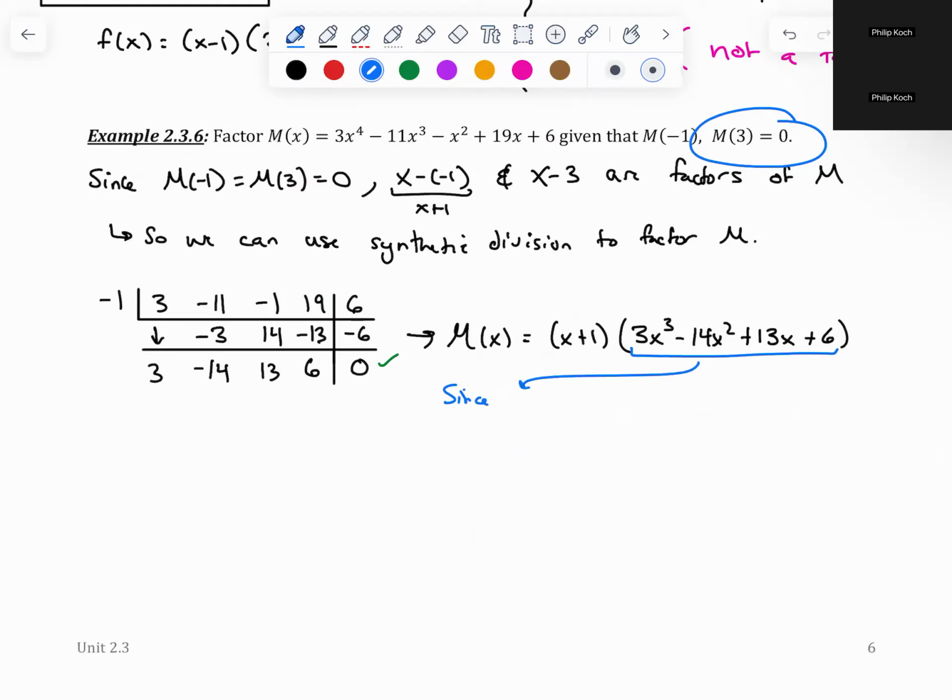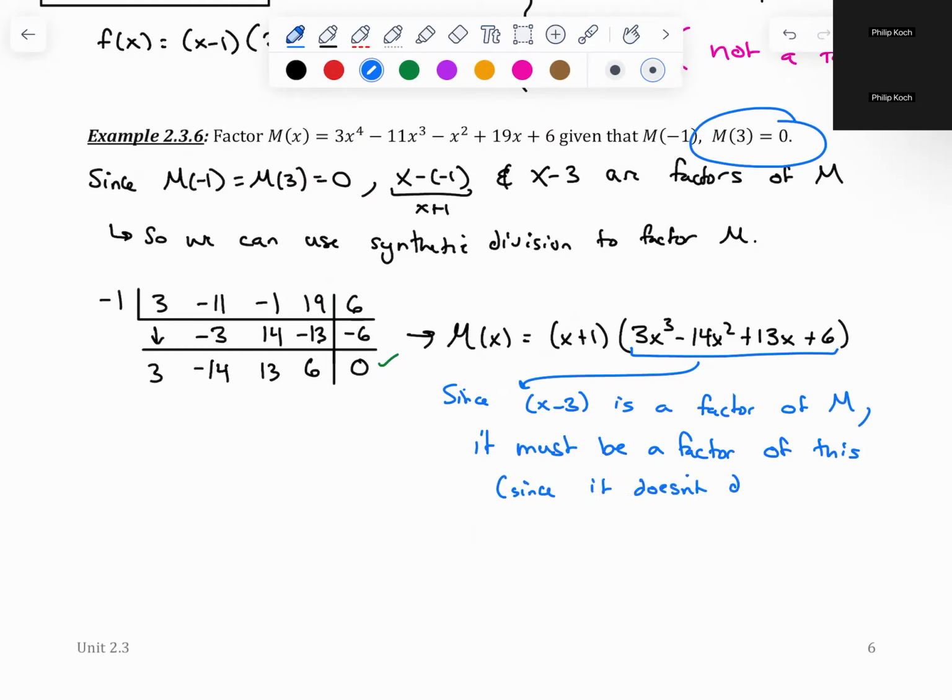Since x minus 3 is a factor of m, it must be a factor of this, since it doesn't divide into x plus 1.